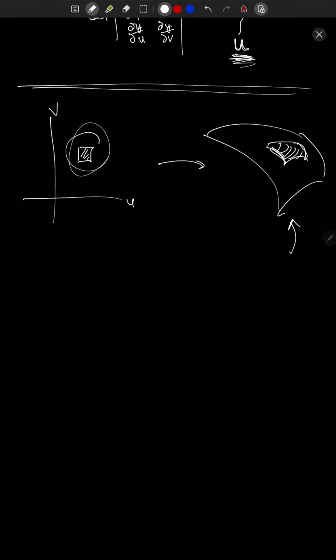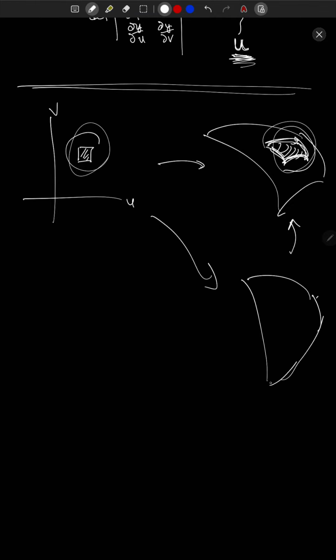But a rectangle here is not a rectangle there, so we need a compensation factor. Now this guy here is too unpleasant to work with, so we instead look at the linear approximation. In terms of integration, the linear approximation is good enough, just like what we just talked about. So we can look at the mapping under the linear approximation. This is the actual mapping, and this is the linear approximation.